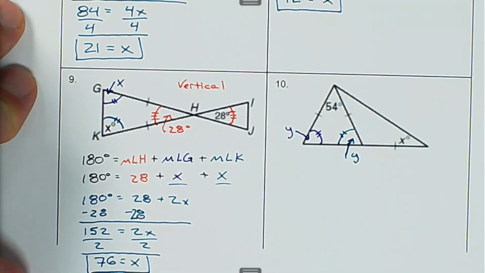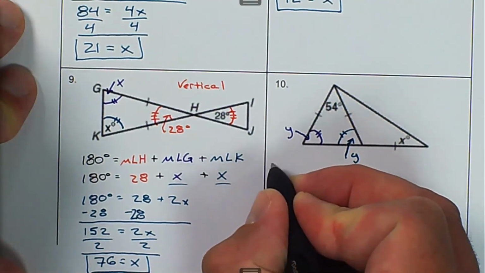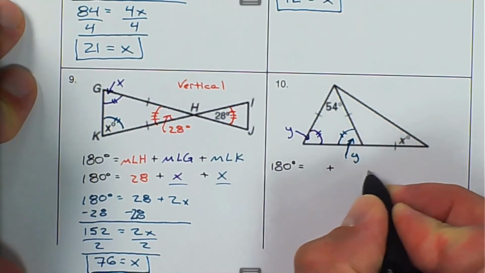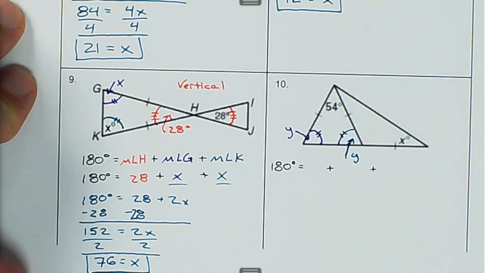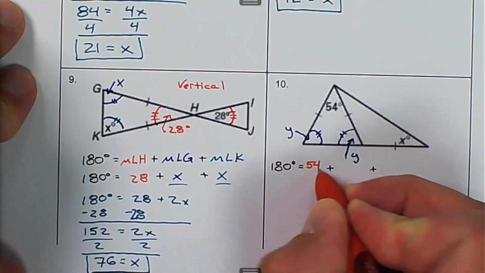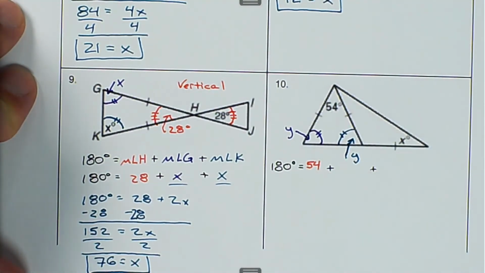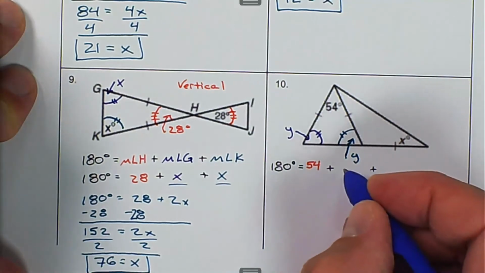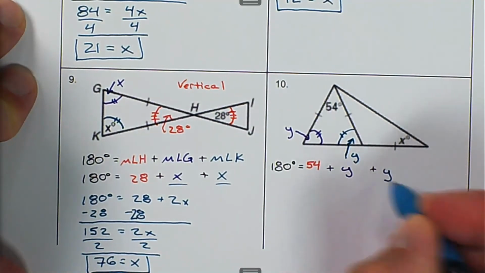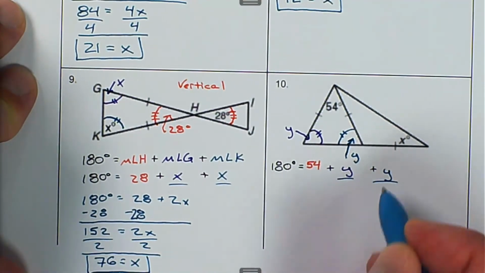So now we can use the triangle sum theorem again. We can say 180 is equal to all of the angles added together. So we have 54 plus y. And now we can combine like terms.